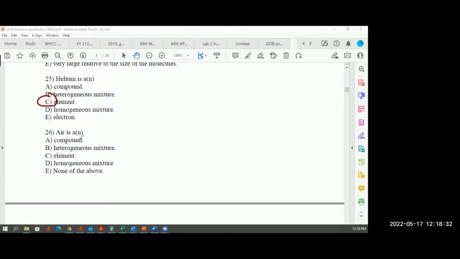Okay. Air is a: A, compound; B, heterogeneous mixture; C, element; D, homogeneous mixture; E, none of the above.